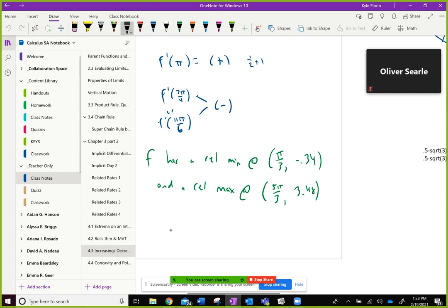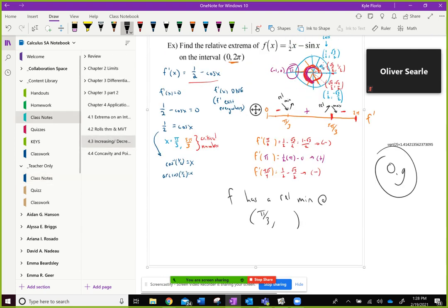So if I plug in pi over 3, the height is negative 0.34, approximately. And if I plug in 5 pi over 3, this is the relative max.